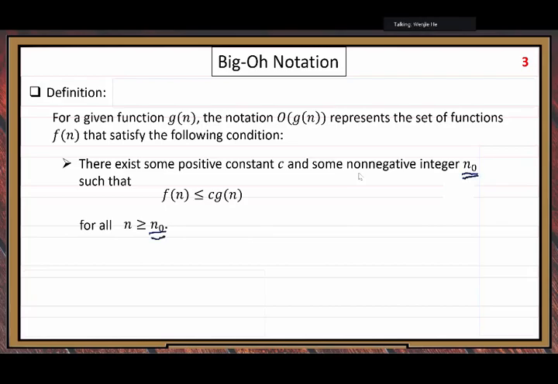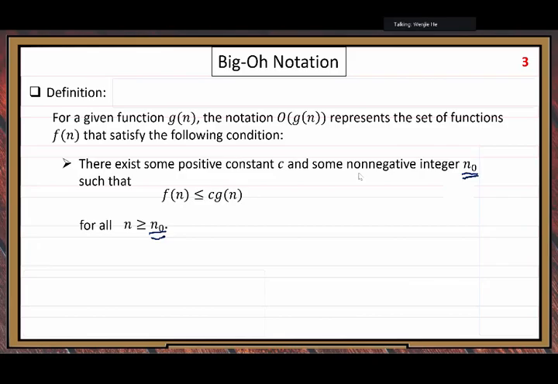That is important and useful. That means we do not require this inequality to hold when n is less than n0. For n less than n0, it doesn't matter. But when n is greater than or equal to n0, this inequality must be satisfied.